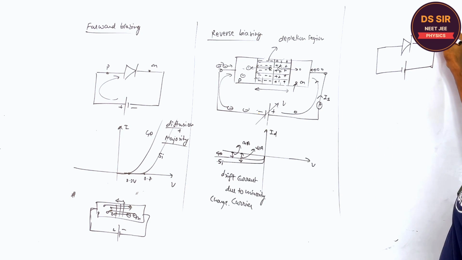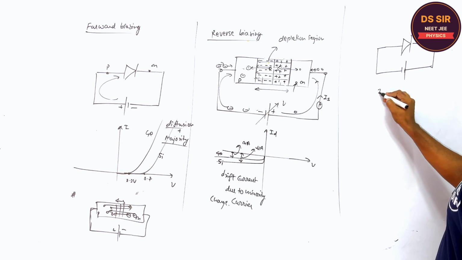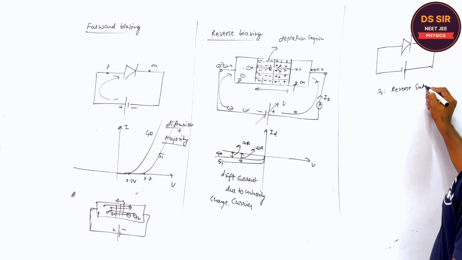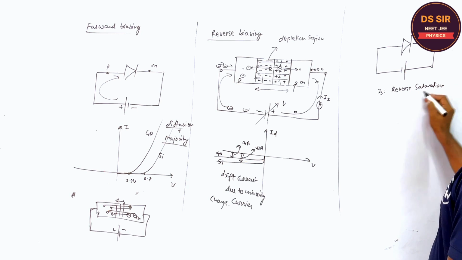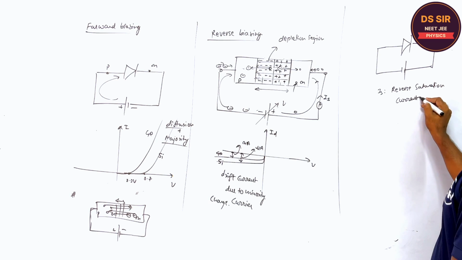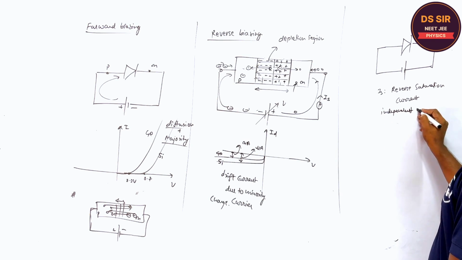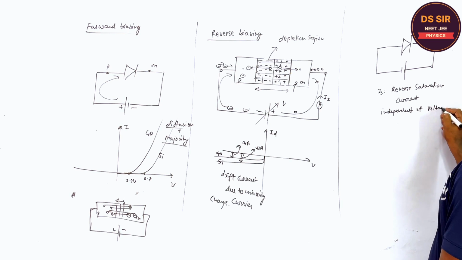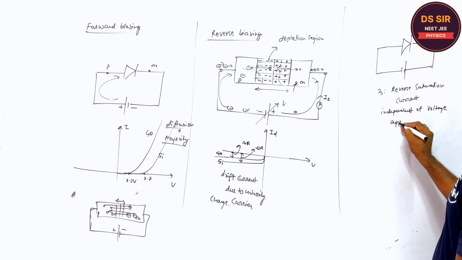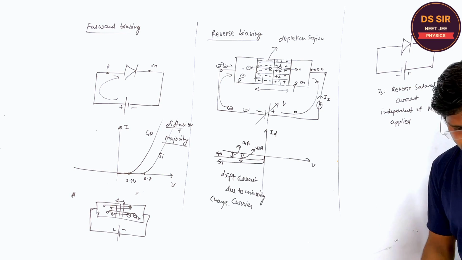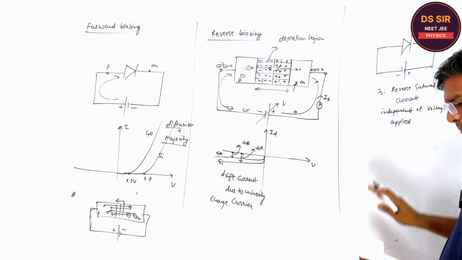This is called the reverse saturation current. In reverse biasing, this is called IS, the reverse saturation current, independent of the voltage applied. Whatever voltage you apply, it does not change. Are you getting or not?